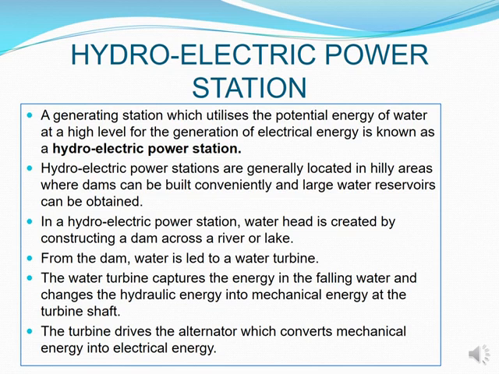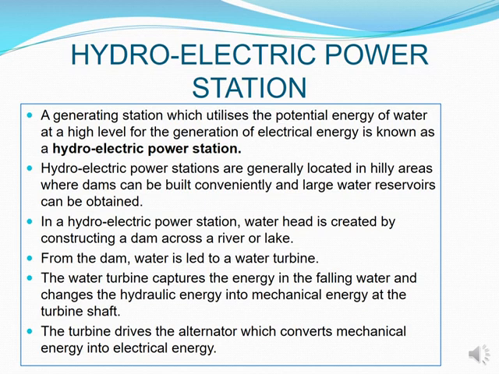Your generating station will utilize the potential energy of water at a high level for generation of electricity. These hydroelectric power stations are generally located in hilly areas where dams can be built conveniently and large water reservoirs can be obtained.